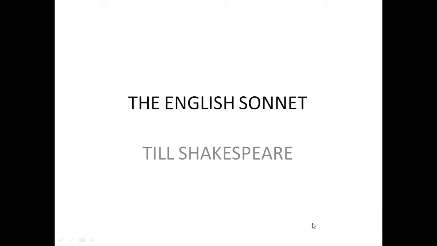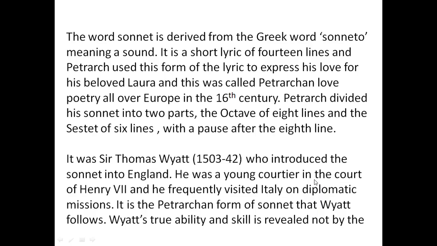English Sonnet till Shakespeare. The word sonnet is derived from the Greek word sonetto, meaning a sound. It is a short lyric of 14 lines, and Petrarch used this form of the lyric to express his love for his beloved Laura.